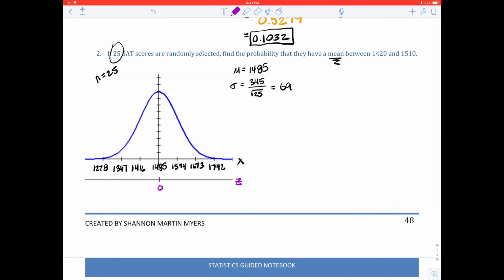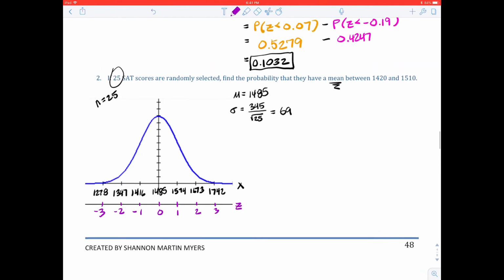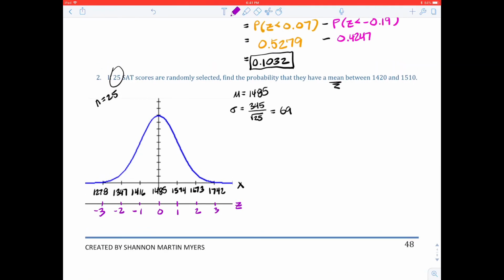So this one would be 0, 1 standard deviation above, 2 standard deviations above, 3, and then 1 below, 2 below, and 3 below. Cool, cool. So let's check out and see what these different z-scores would be, right? So here we adjusted our values, right?